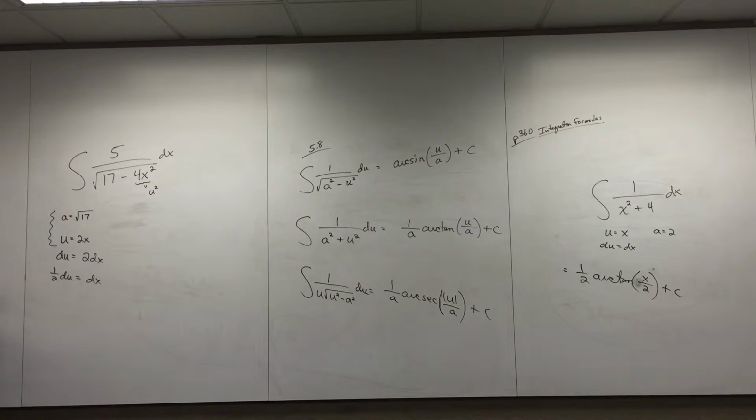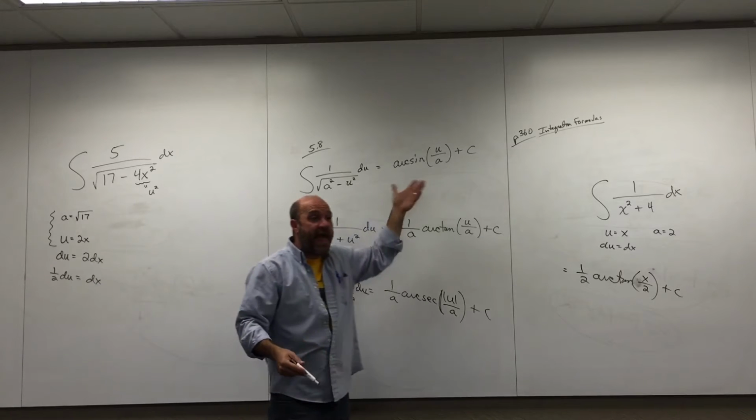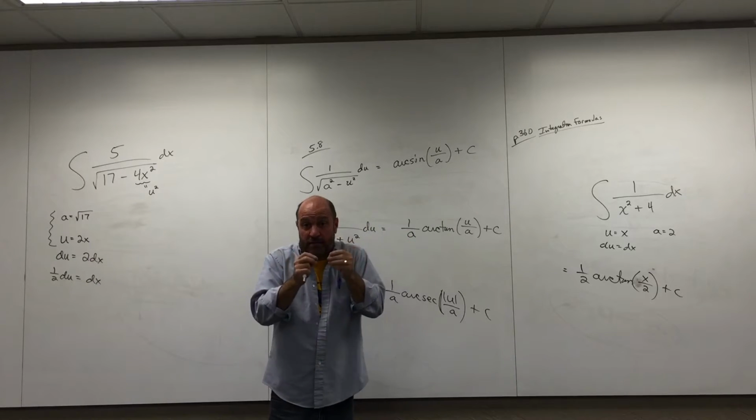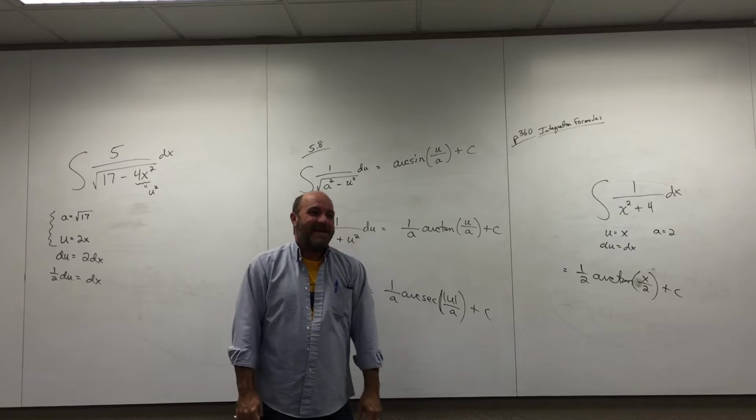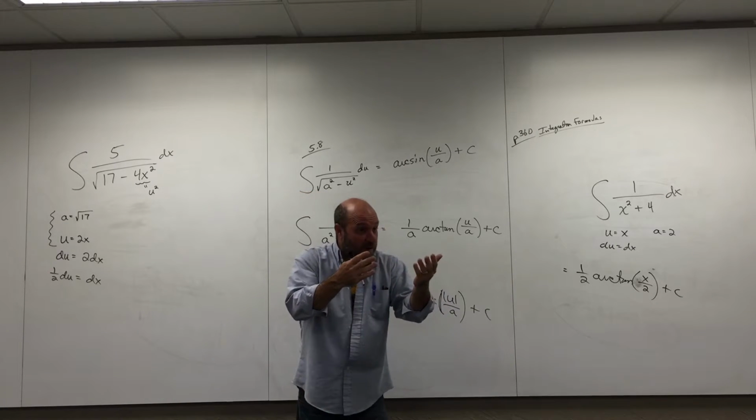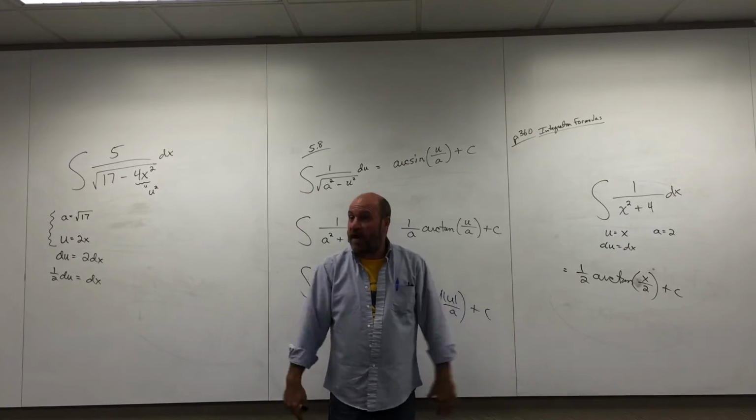But whenever you call something u, you have to do the little du step, because this problem is going to spit out a 1/2, and that's not part of the formula. It's spitting out a 1/2 from what I called u and the relationship with du.